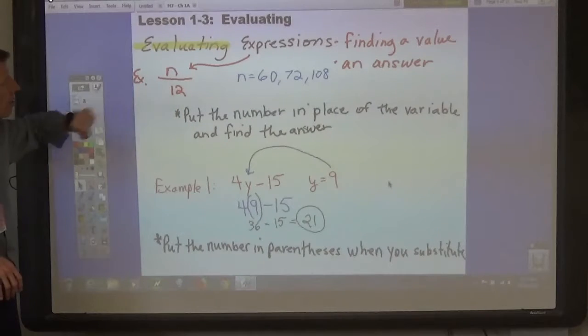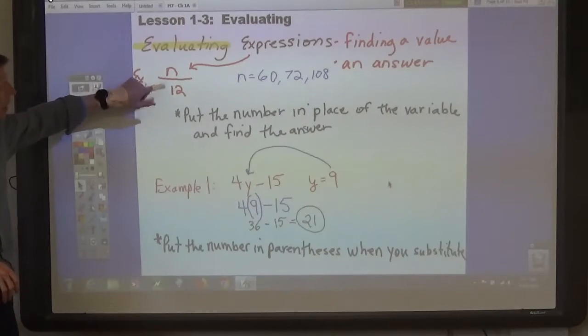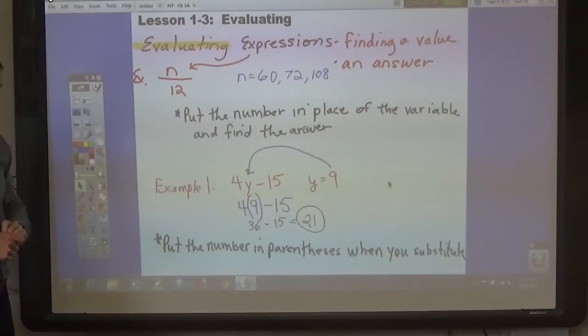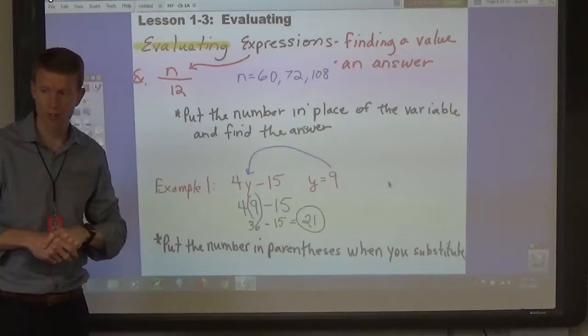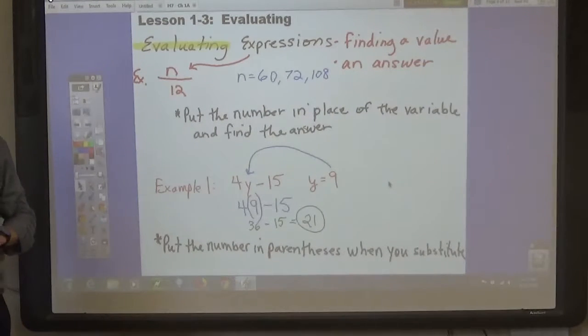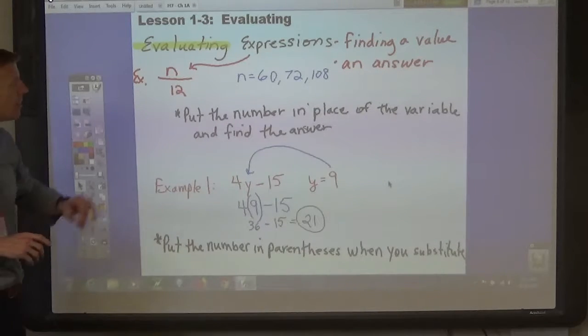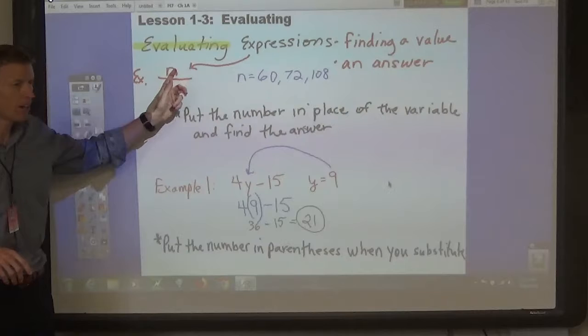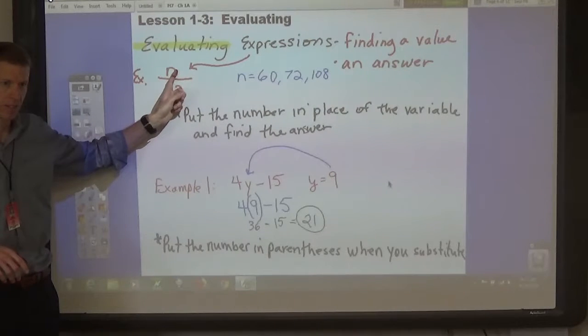And so with an algebraic expression, how would you find the answer? Read it. If they tell you what n equals. Yeah, if they tell you what n equals, then you can evaluate it to find an answer.